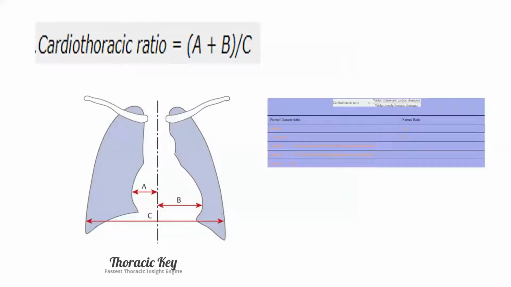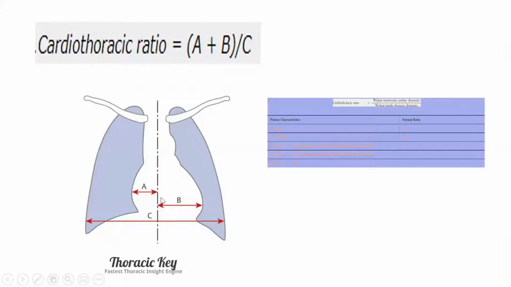Now, the most important thing that is practiced by all of us is the assessment of the cardiothoracic ratio. The cardiothoracic ratio basically is the widest transverse cardiac diameter divided by the widest thoracic diameter. So where is the widest thoracic diameter? It's this one, the lowest one here.